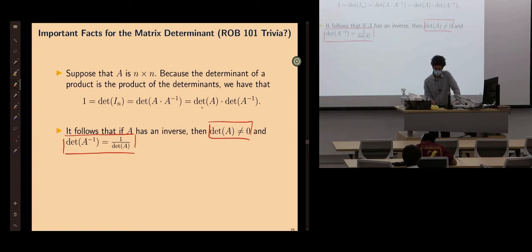Now, from here, we can also conclude that the determinant of A inverse is just 1 over the determinant of A. So if we know the determinant of A, we can just calculate its reciprocal. We don't need to go through the whole calculation for A inverse.